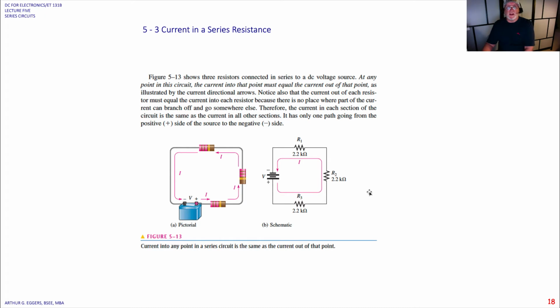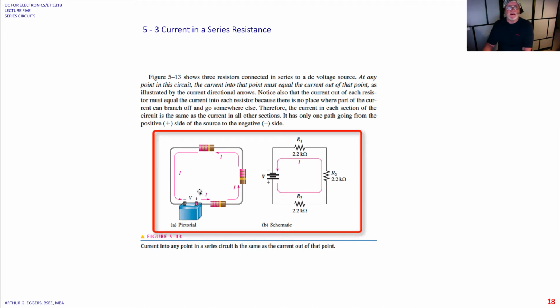If we take a look at the schematic and the actual little portrayal here of a circuit, we can see we've got a battery, we've got three resistors connected in series across that battery, and you can see that the current is depicted as I. We could further break this down and call this I total at this point, I total at this point, I total at this point, and I total at this point.